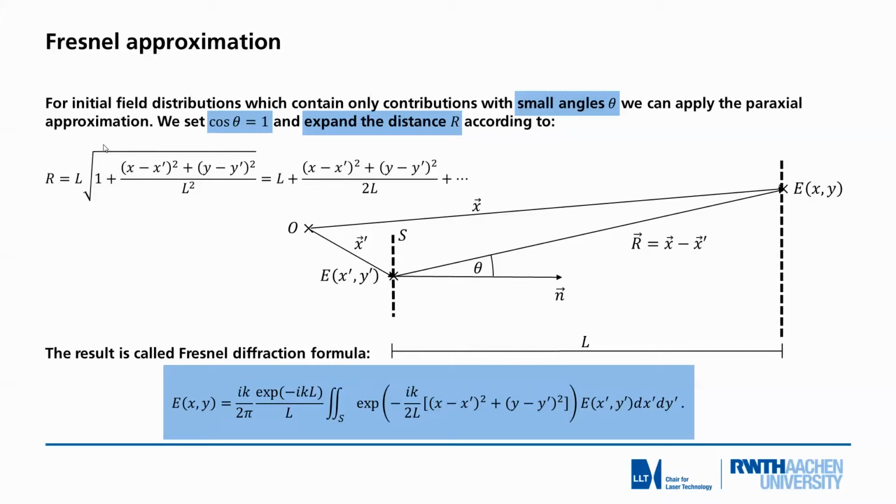If we look at the expression in the Fresnel formula, we see the dependence on x and y, and now we can develop this root which ultimately represents the radius, and if we do so, we can neglect higher order terms because the angles under consideration are relatively small, so we can neglect x and y coordinates with respect to L. And then the result is the Fresnel formula as you can see it down here.